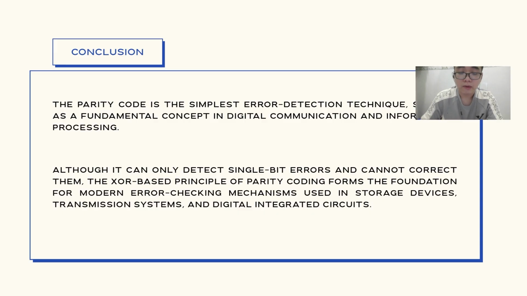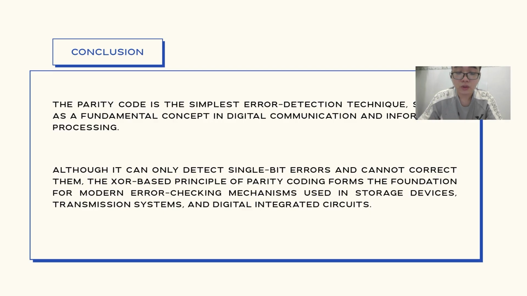To conclude, the parity code represents the most fundamental form of error detection in digital communication and information processing systems. Although its structure is simple, its underlying XOR logic serves as a conceptual foundation for many modern error checking algorithms.